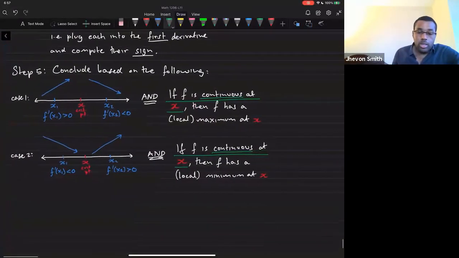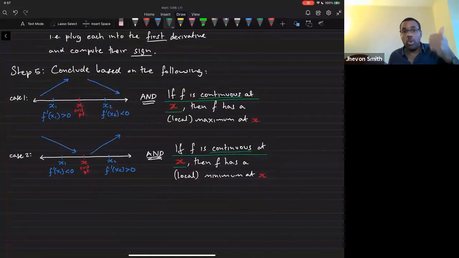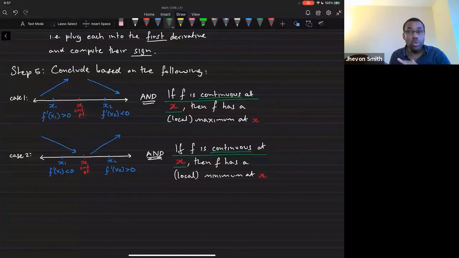Okay. So here's how you can, one, know where it's increasing and decreasing because the sign of the first derivative tells you that. And two, if you see a particular behavior, you can know where there's a maximum or a minimum.